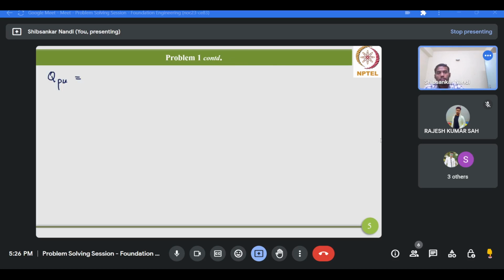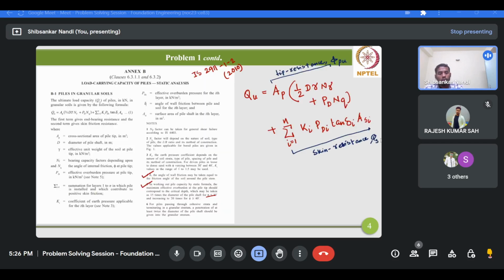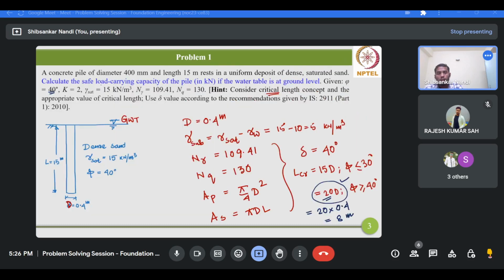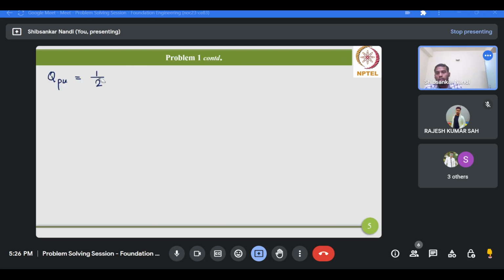So QPU is half A_P times half D gamma N gamma, obviously this will be D gamma for the given problem, plus PD NQ.